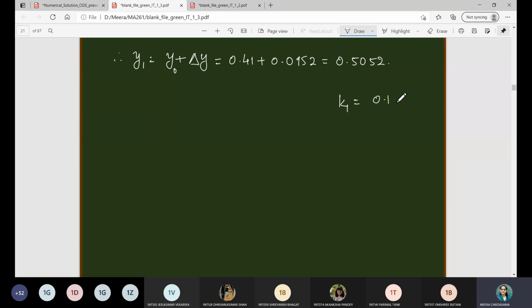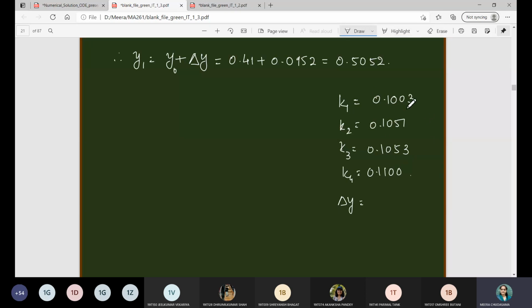k1 you will get it as 0.1003. k2 you will get it as 0.1051. k3 value will be 0.1053. k4 will be 0.1052. And finally, delta y will be, this is k4 value. It is 0.1103, 1100, sorry.